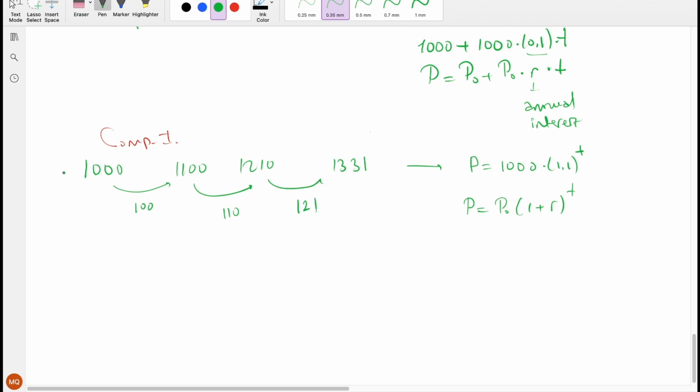Probably you know this one, but generally they don't ask this one. I rarely see this type of question in the exam, but let's talk about it. You are putting $1,000, but you are getting your payment after 6 months. You are getting payment twice in a year, but if it is 10%, after 6 months you will get 5% of it.